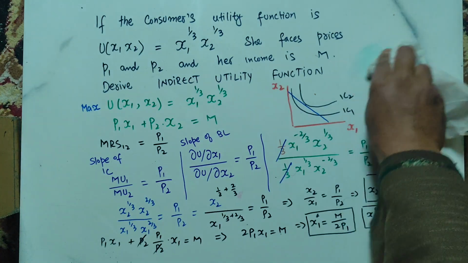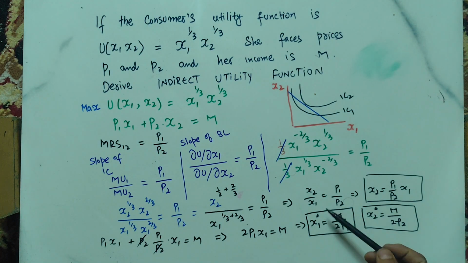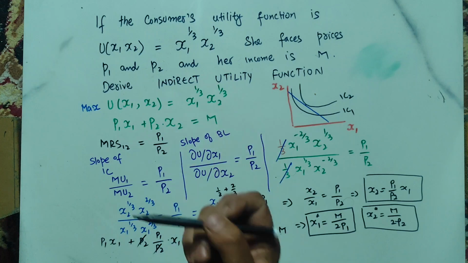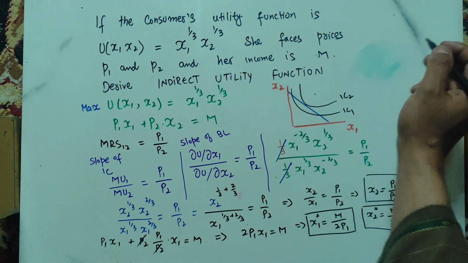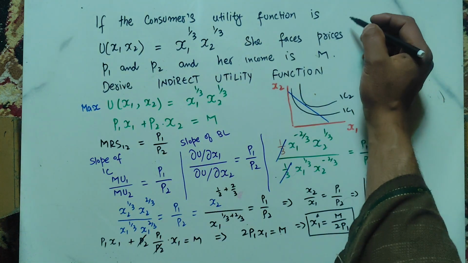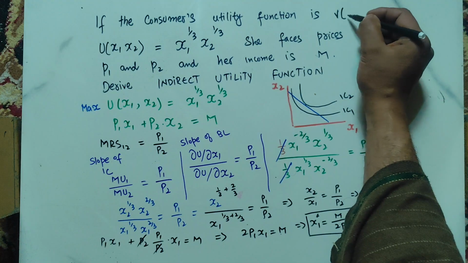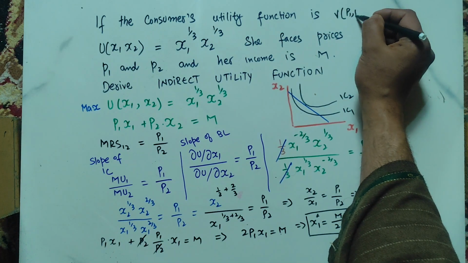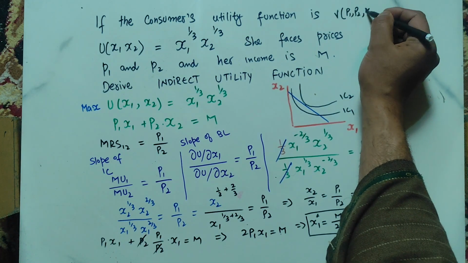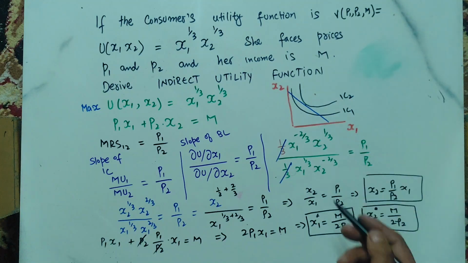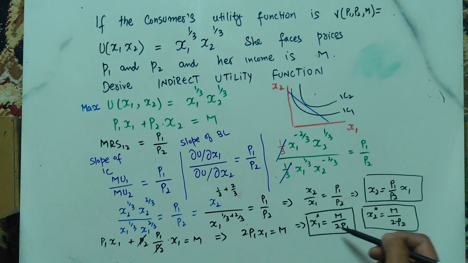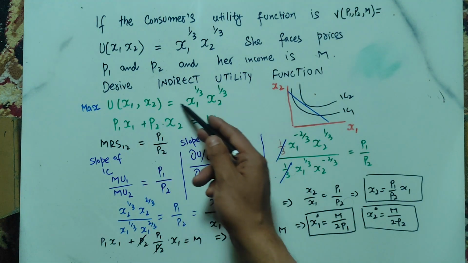We will plug the Marshallian demand functions into our direct utility function. That is, our indirect utility function will be a function of prices P1, P2 and income of the consumer. Okay, so plug x1 and x2 into this equation.